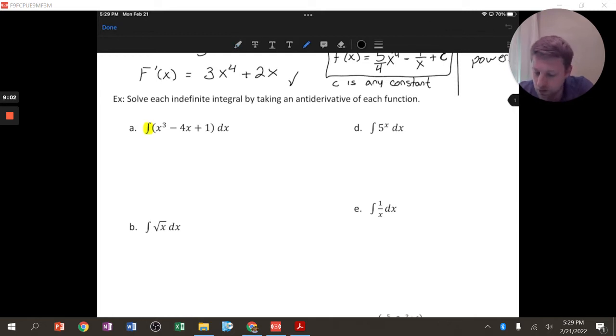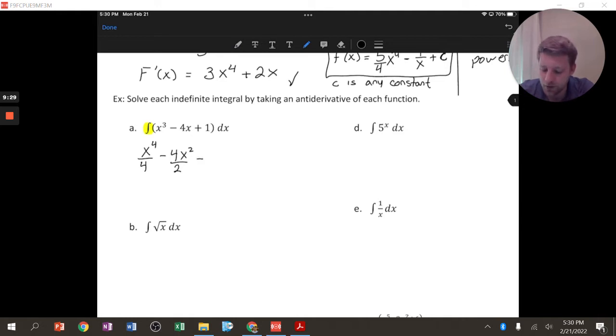So let's consider antiderivative for all three of these terms in the question. We have x cubed becomes x to the 4th over 4, adding 1 to the exponent and dividing by that new exponent. We have negative 4x squared divided by the new power 2.